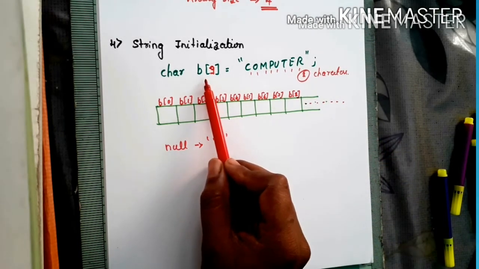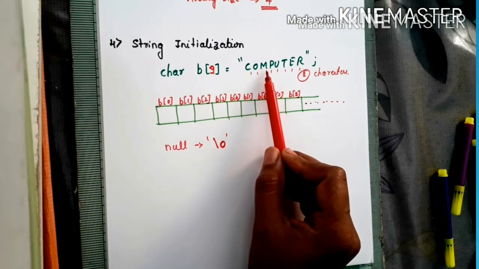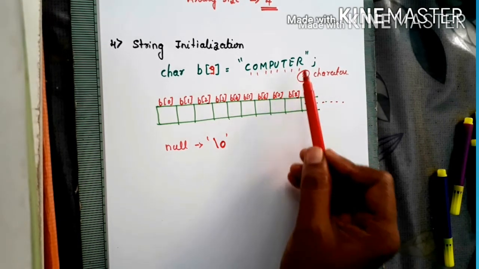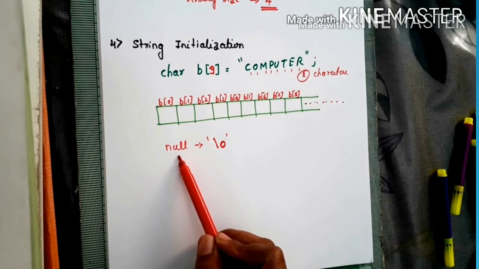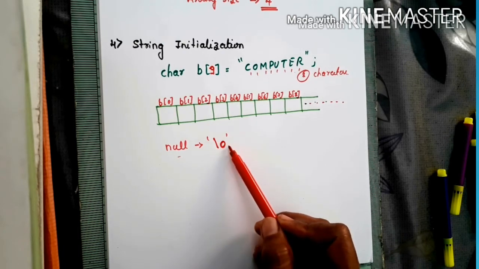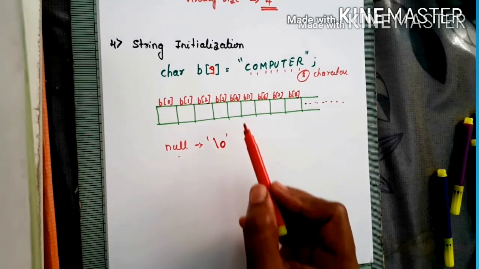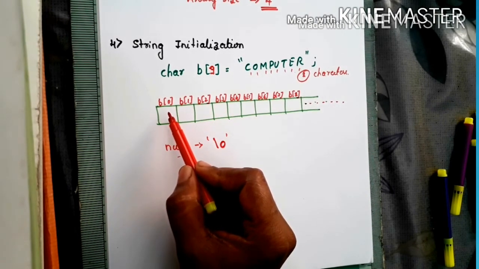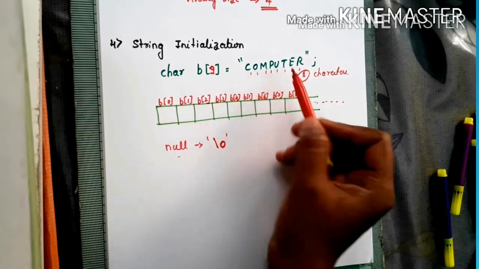I have taken a character array B to store the string computer. In a C program, a string always ends with the null character. The null character is specified by the characters backslash and 0. In this example, the character array B is initialized by the string computer.